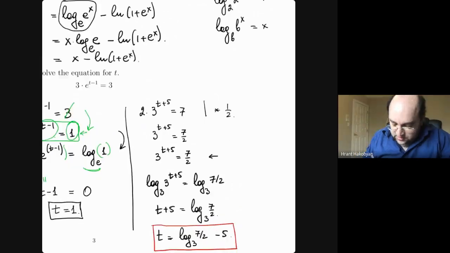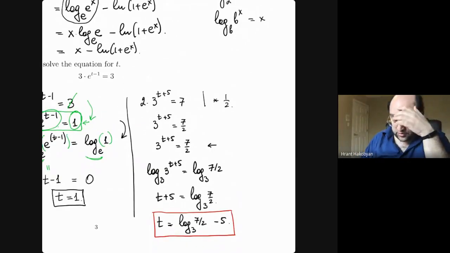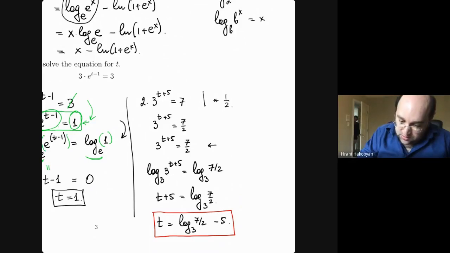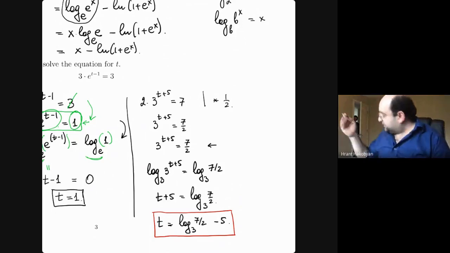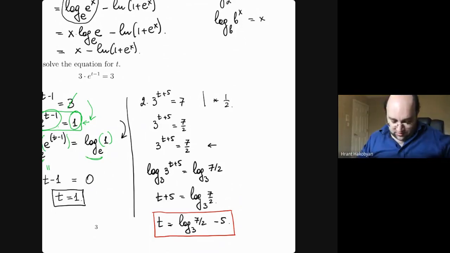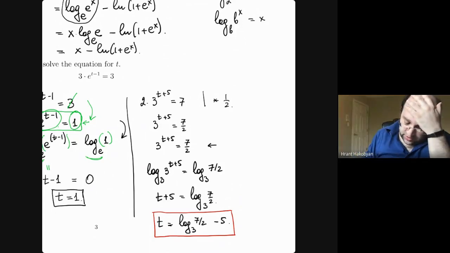If you used logarithm with natural base here, you would have a more complicated answer, because with logarithm base 3 I can get rid of this whole expression, and if I took base e, I couldn't.